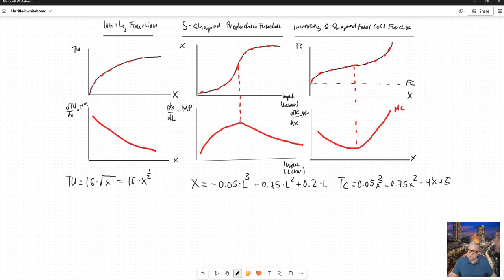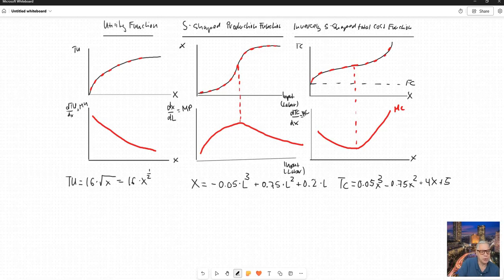Okay, so here this plus 5 would be the fixed cost, because even if you have no output, you plug in 0 for x, you still have a cost of 5, so that must be the fixed cost. But the point here is that those three functions represent the graphs in the first row. So those are examples.